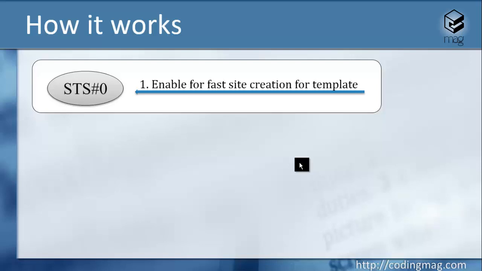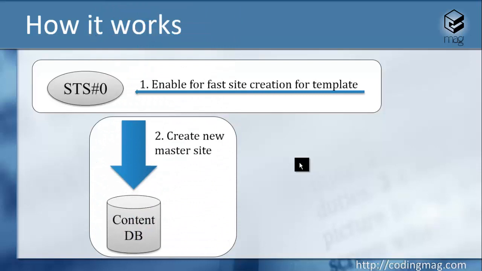So here in the example, I gave the team site template, which is STS#0, and first we need to enable this site template for fast site creation, and then after enabling fast site creation for this template, we need to create a new master site in a content DB.